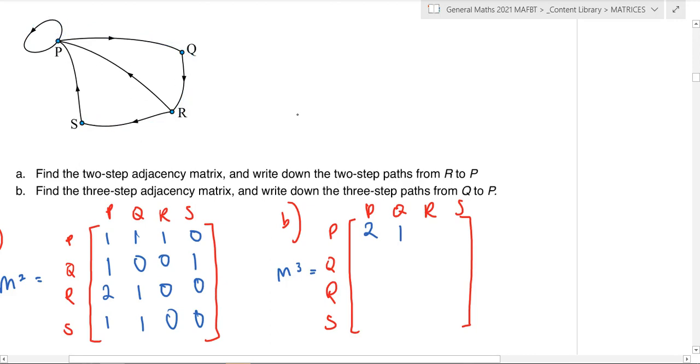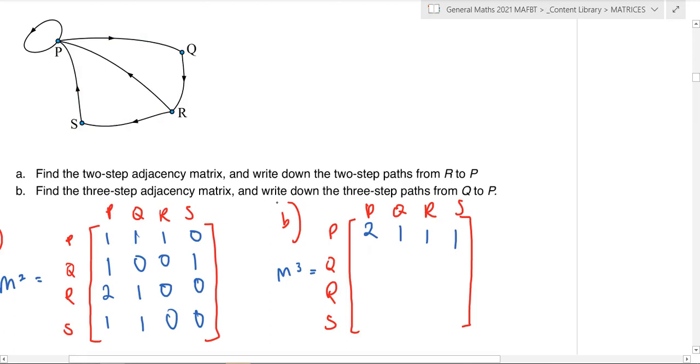Technically, no. So there's only 1 from P to R. P to S, you could go 1, 2, 3. There's 1. Let's see if there's any other ways. Technically, no, I don't think you can. Also, adhere to the rules of the line. So there's only 1 of them.